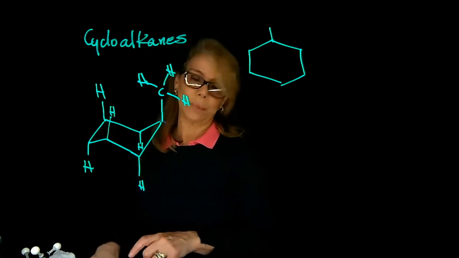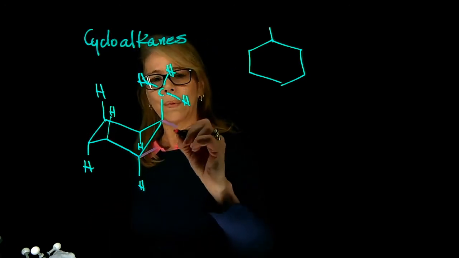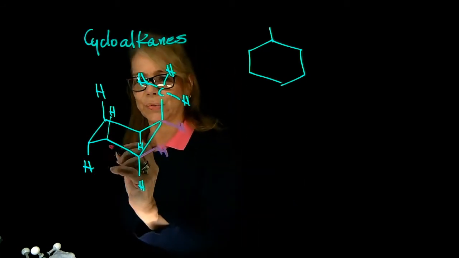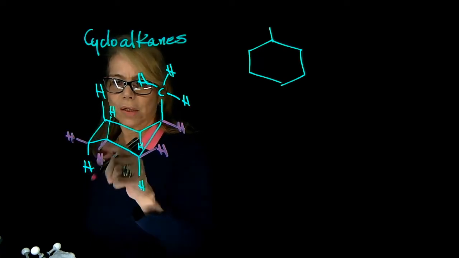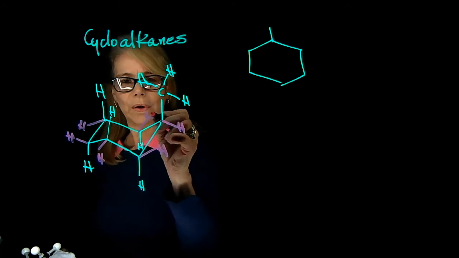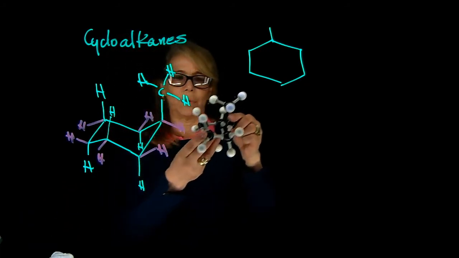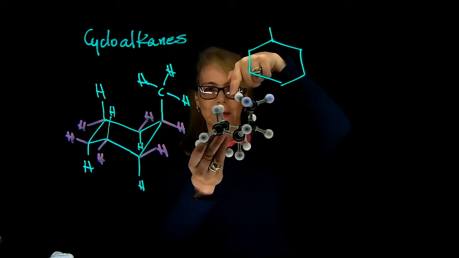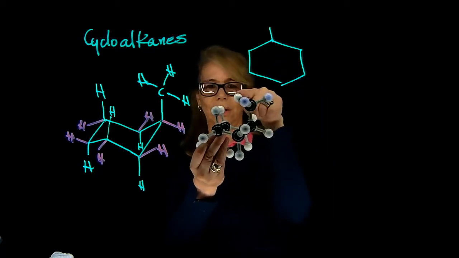Now let's draw the equatorial positions. The equatorial positions will be slightly down, up, and again, those will have hydrogens, right? We only have this methyl substituent, and hydrogen, hydrogen, so down, up, down, up. What I want you to see is that, and it's also seen in the model, notice the methyl here looks like it's bumping with this hydrogen and also this hydrogen.